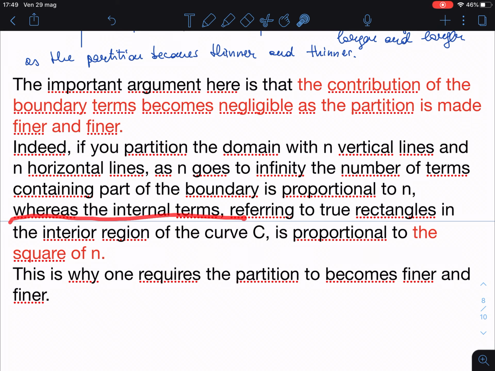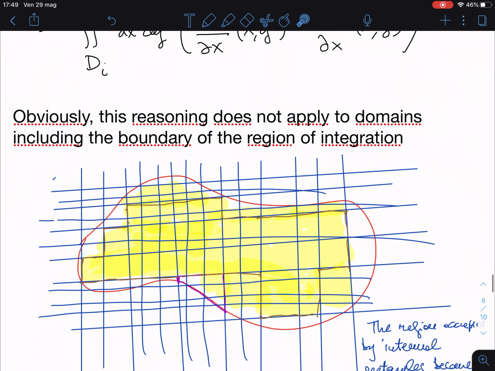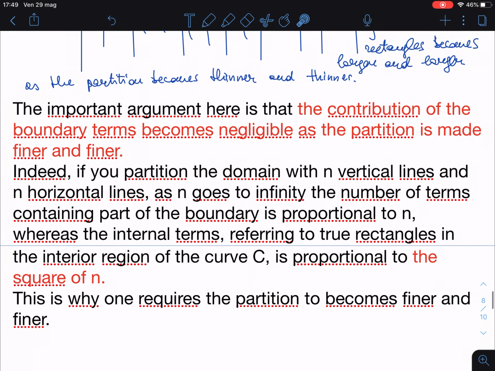Whereas the number of internal terms, referring to true rectangles in the interior region of the curve C, is proportional to the square of n. The number of rectangles tends to reach n squared, because you have n horizontal lines and n vertical lines.